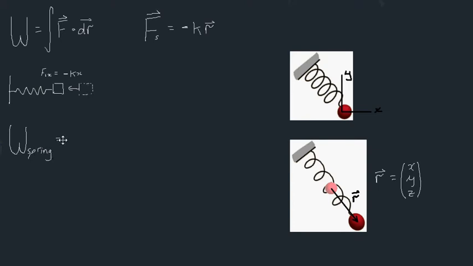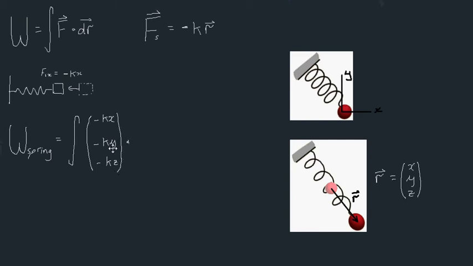And that's going to be equal to the integral of our force, which we know is just going to be negative kr. Actually, let me just do it all out. I won't skip the intermediate step. That'll be negative k times x in the x direction, negative k times y in the y direction, and negative k times z in the z direction.